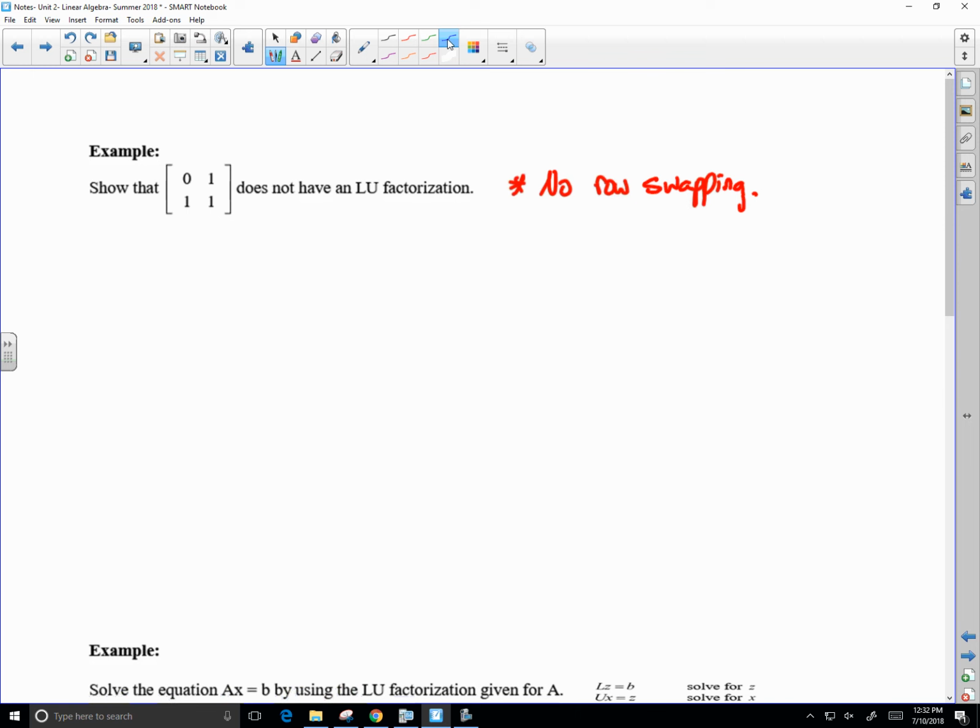All right. So the first thing you would think, I guess, would be to do a quick negative R2 plus R1, I'm sorry, just a positive R2 plus R1.